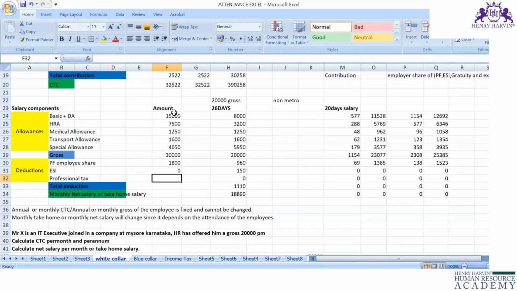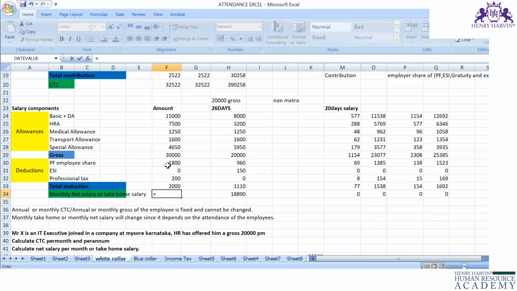Now we can deduct 200 rupees as professional tax. So the deduction is the sum of all the deductions: 1,800, 0, 200. You add everything, 2,000 rupees.